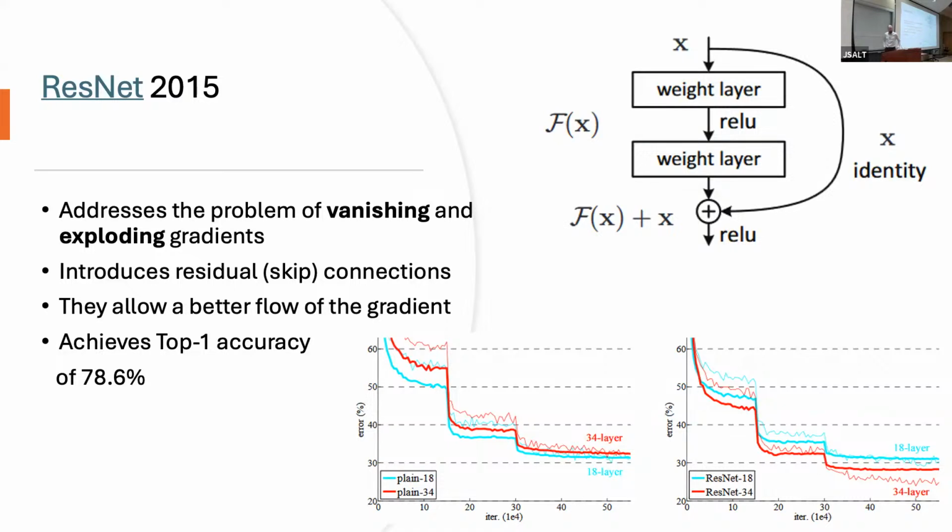So then in 2015, ResNet or residual networks came into play. You can see in the diagram, the whole idea, which probably many of you already know, is just to skip some layers, and the gradient can flow through the skip connection and not be zeroed out or explode.